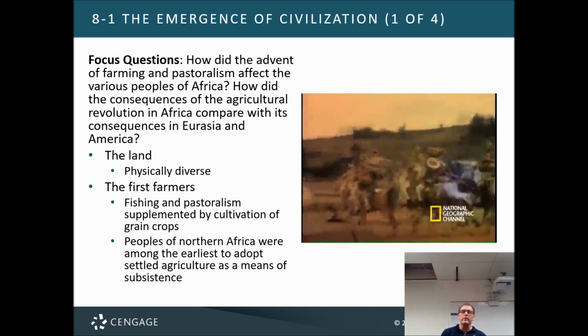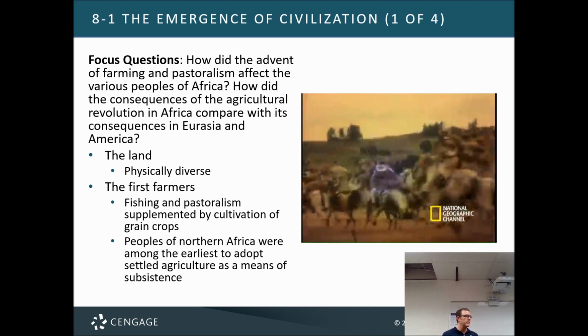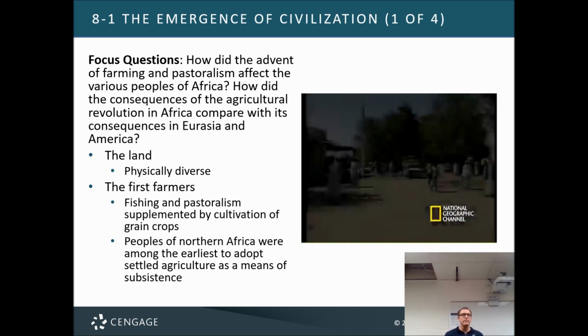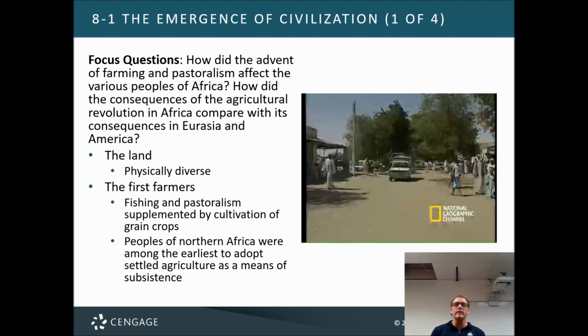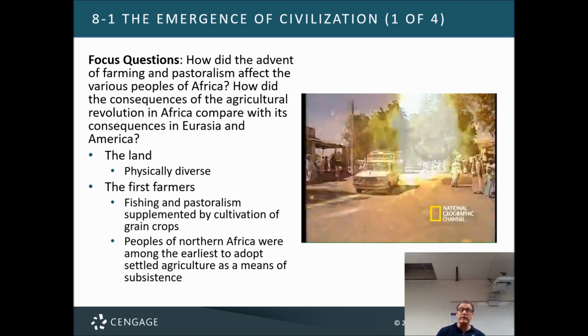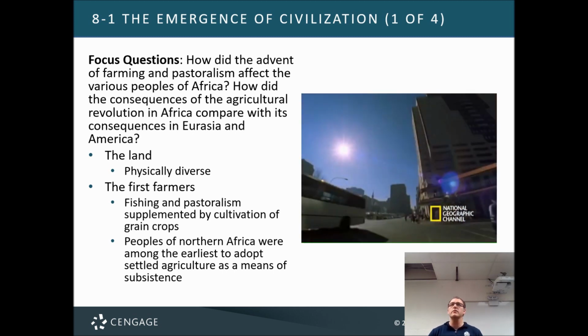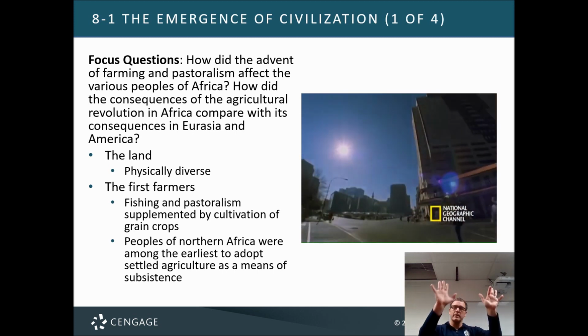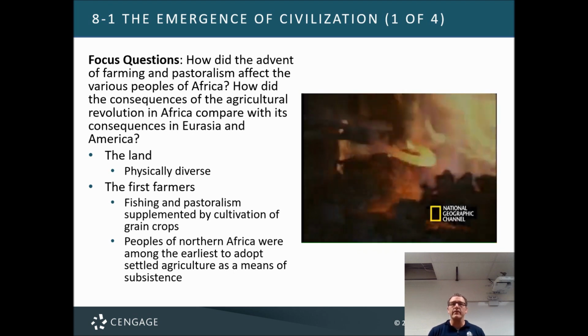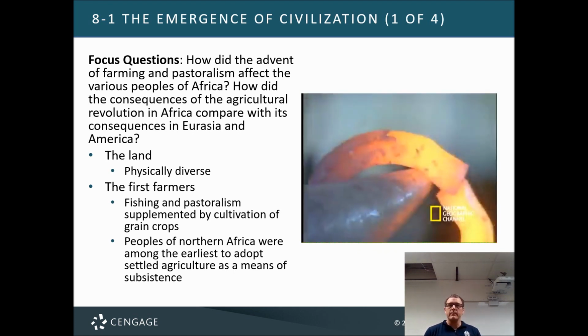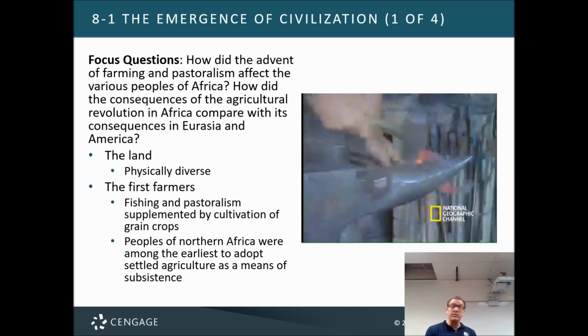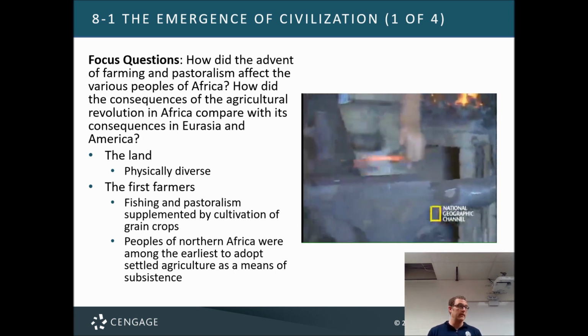And so the earliest peoples here were hunter-gatherers, not unlike most of the other parts of the world that we've talked about. And really some of the earliest peoples, period, some of the earliest Homo sapiens migrated outward from parts of Africa. So these folks were some of the very first to adopt farming.